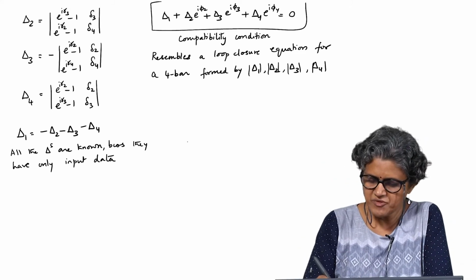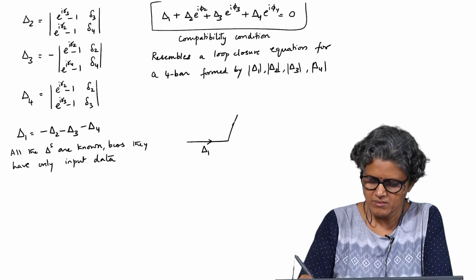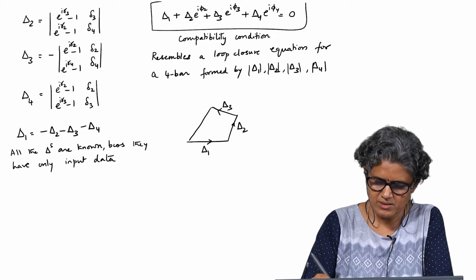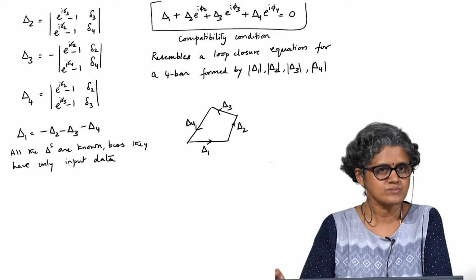So, in the first position I have delta 1 plus delta 2 plus delta 3 plus delta 4, that is equal to 0.